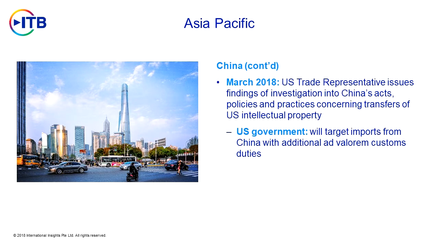Let me start in March this year, when the US Trade Representative issued the findings of an investigation into China's acts, policies and practices concerning transfers of US intellectual property. As a result of that report, the US government announced that it would target certain imports from China for additional ad valorem customs duty.